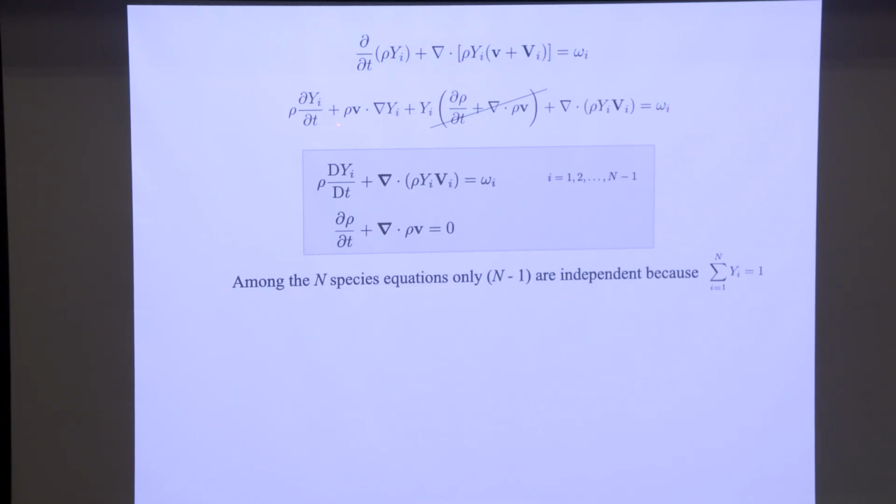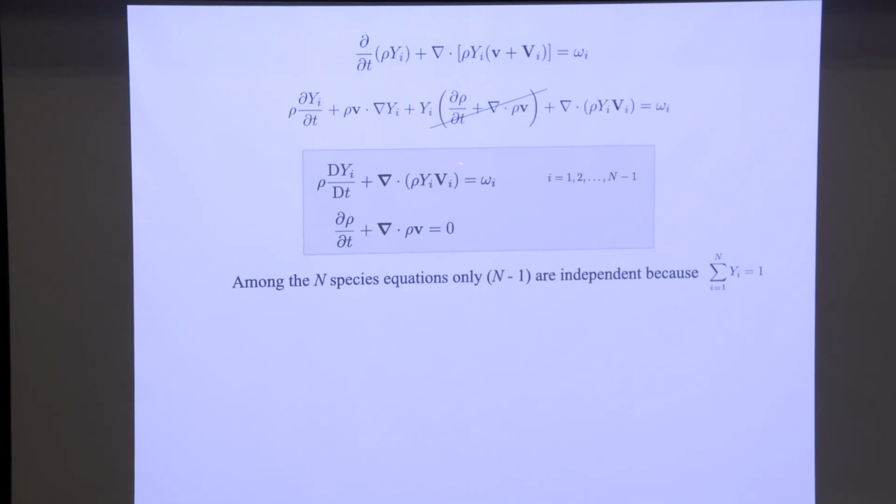Then you notice that there are two terms that form the mass conservation of the mixture, which is equal to 0. So the equation for y_i can be written in that form. The difference between those two forms is often referred to as conserved form or non-conserved form. Not exactly, but in that sense; I will point that out later.